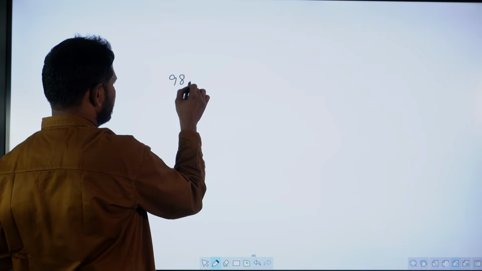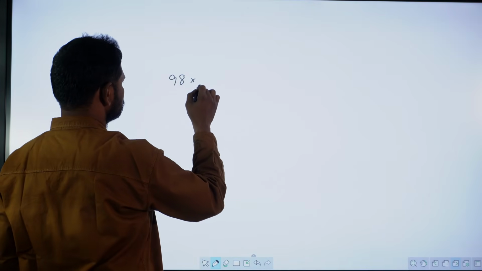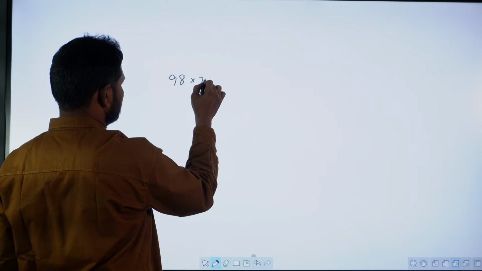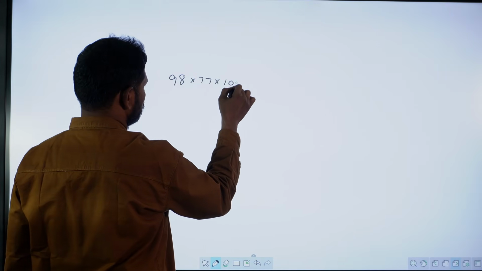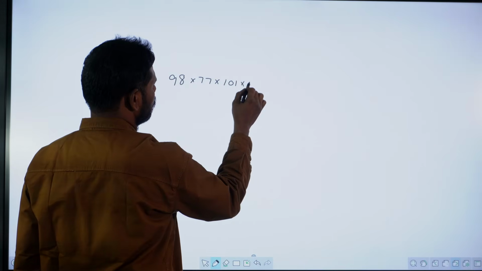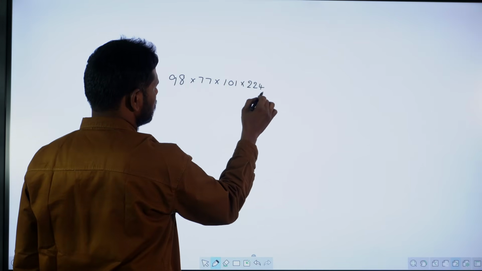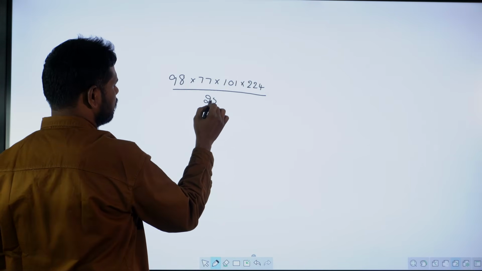Suppose the question is 98 into 77 into 101 into 224 divided by 25. What is the remainder?